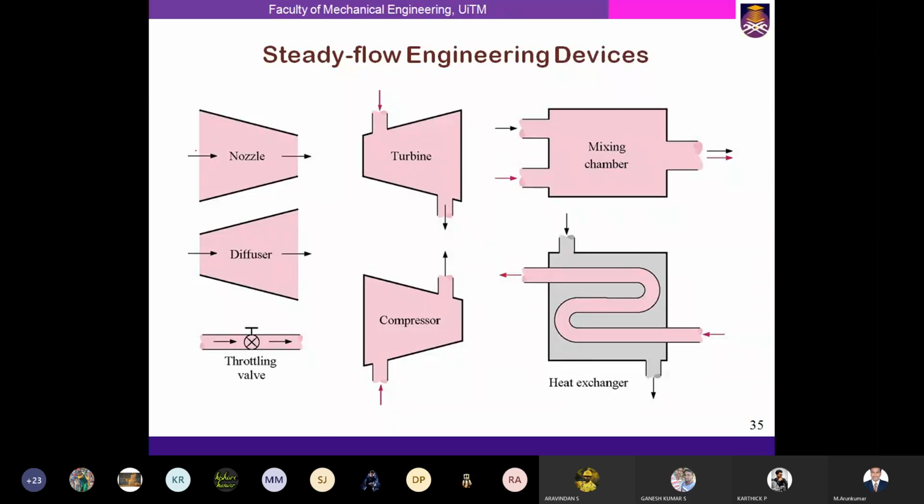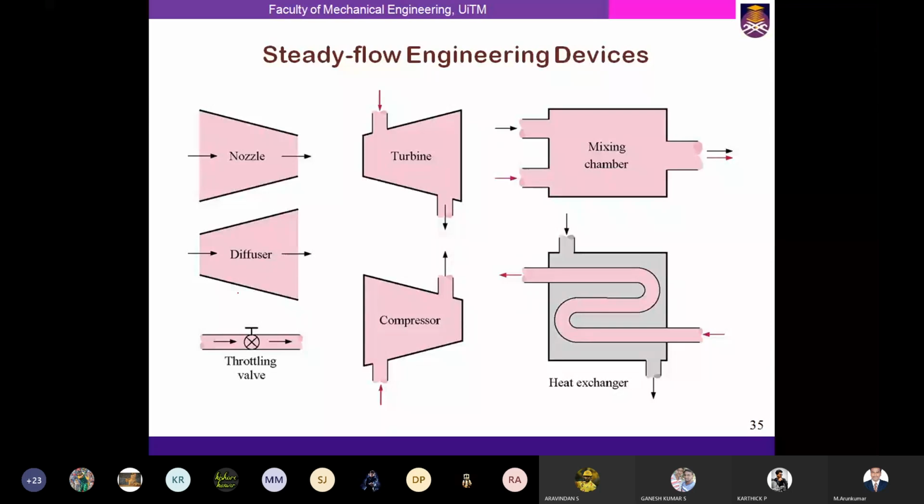If you take a nozzle, there will be a steady flow, and we can use the steady flow energy equation. In a turbine, there will be mass in and mass out, so we can have this equation. Then diffuser also, there will be in and out. How can we apply this steady flow energy equation for these engineering devices, we will see in the upcoming slides.